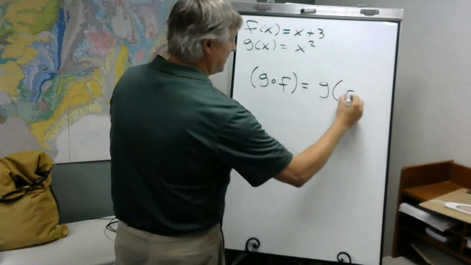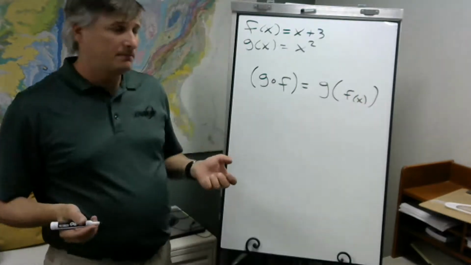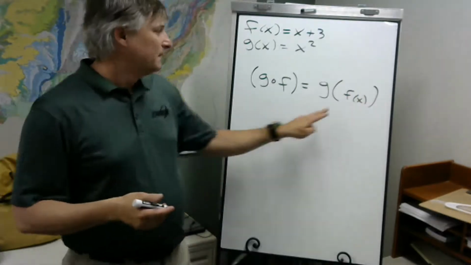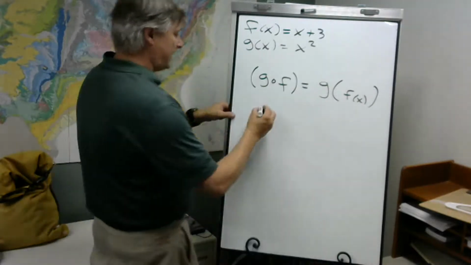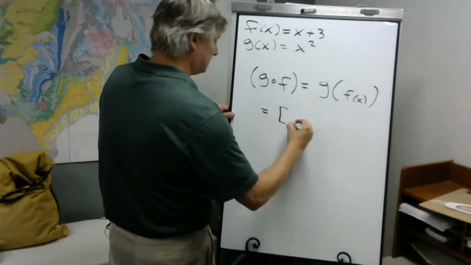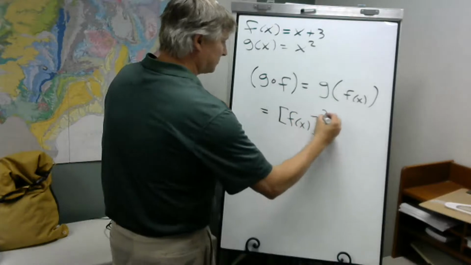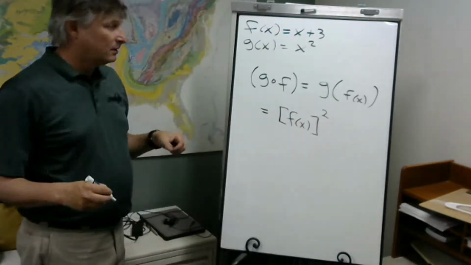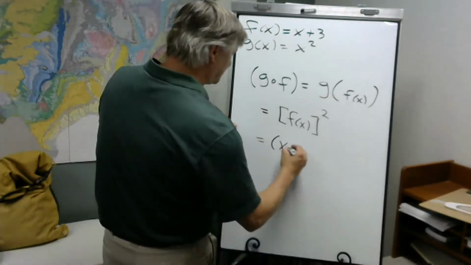G, where the x's in g, or the variables in g, in this case the x, are going to be replaced by f of x. So that means instead of having x squared, we have f of x squared, or x plus 3 squared.